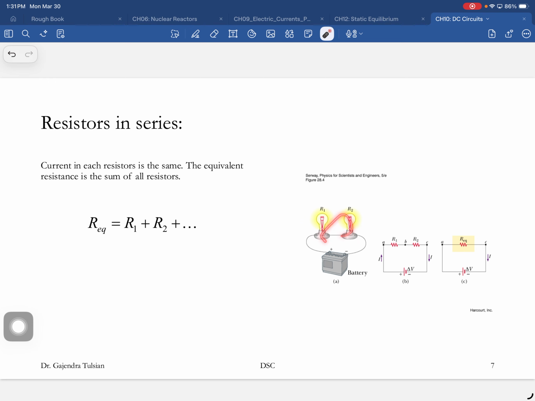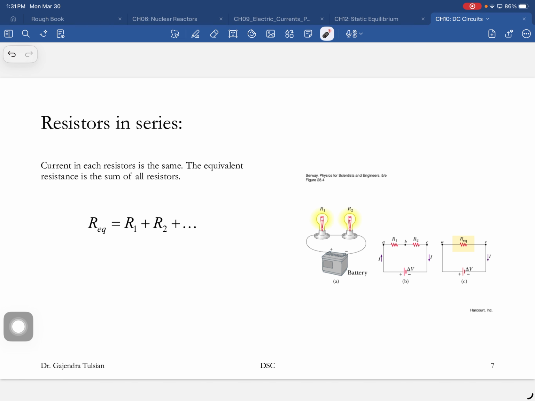But this is how your house wiring is connected. There's the power source coming to your house, and each device in your house is connected in parallel. So whether this one is connected or not, this one will draw the same current.